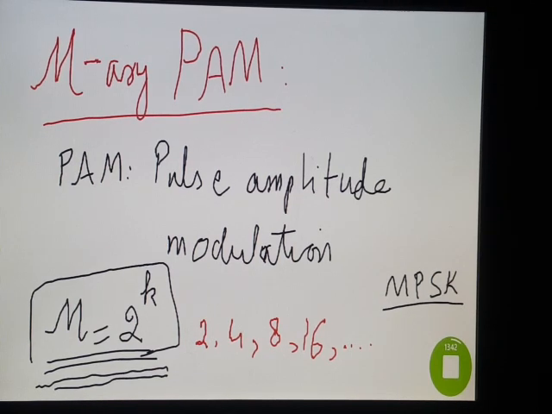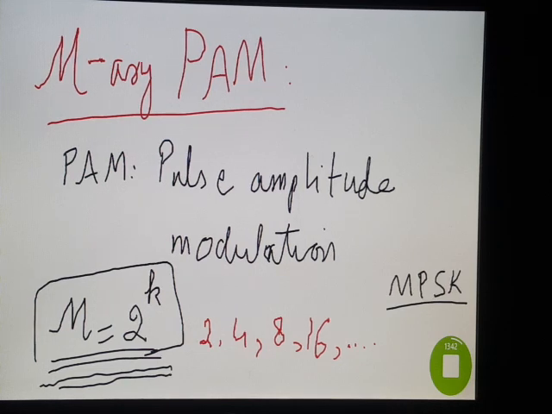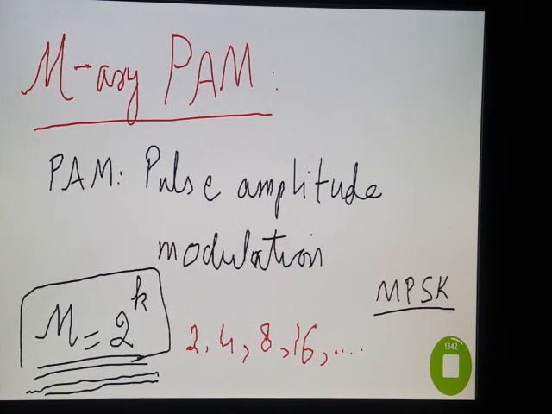In M-ary pulse amplitude modulation, we have M unique signals, and the signals can be differentiated based on their amplitudes. So the amplitude of the signal varies according to the message signal.